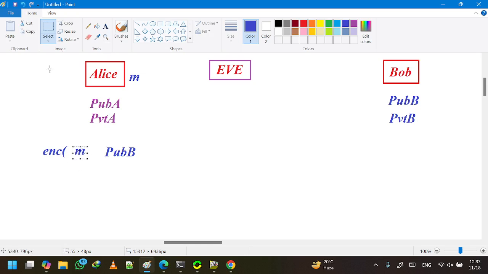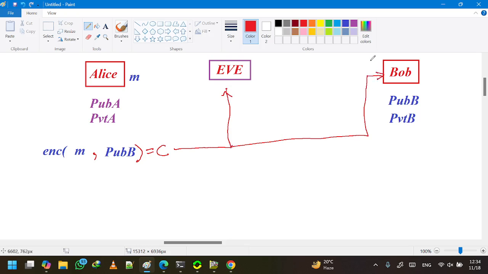So Alice will perform the encryption operation, and it will produce a ciphertext C. So this C can be transported over to the hacker first, then to Bob. So Bob will receive a copy of C and Evil Eve will receive a copy of C.